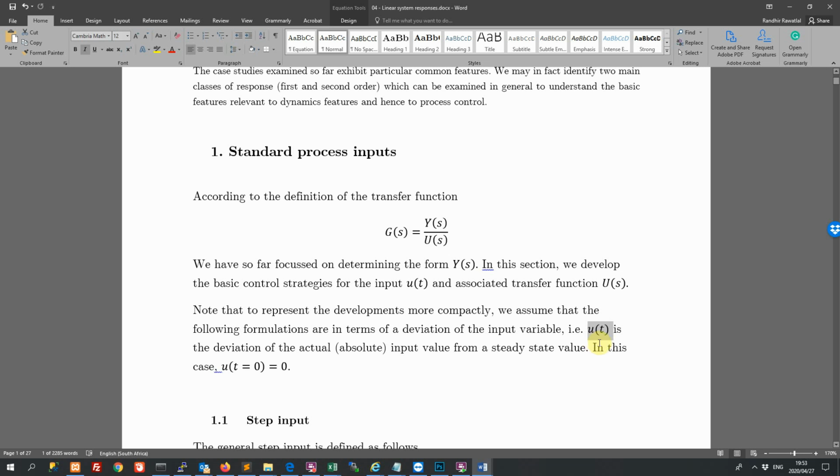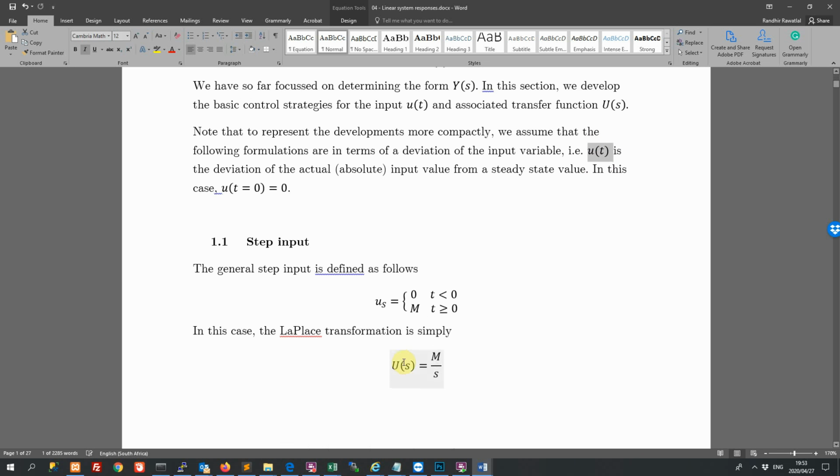And so depending on the time function for u, we can Laplace transform that same function, U of t, and we get a capital U of S. So here, if we apply a step input, you can see there was no control action exerted before 0, and then after time 0, we step up our input to m. So this is a time function. And if we transform that using the step function, the Laplace transformation gives us that that's simply m over s.